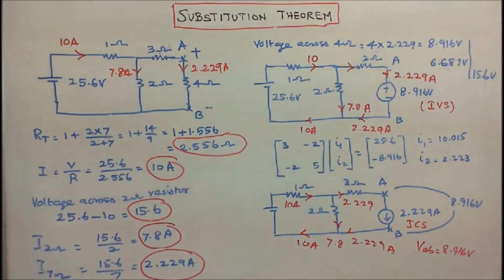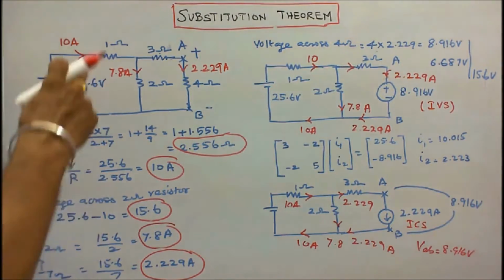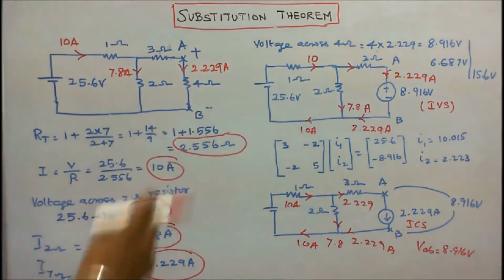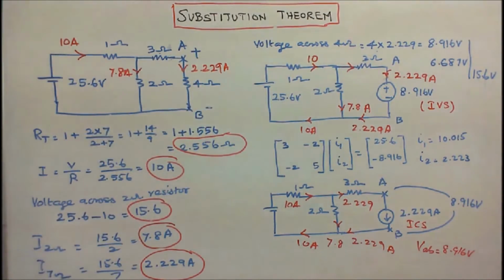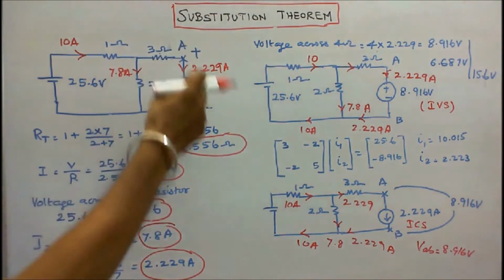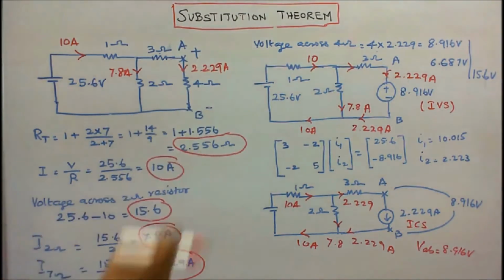The first problem: four resistors of 1 ohm, 2 ohm, 3 ohm and 4 ohm and one voltage source of 25.6 volts are connected as shown in the figure. This is A, this is B, this is positive, this is negative.